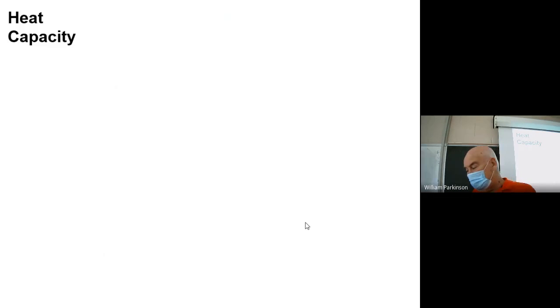You touch the wooden bench, you say, "Oh, that's warm from the sun." Then you touch the plastic bench and say, "Oh, that's hot. It's hotter than the wooden bench." Then you go over and touch the metal bench and you go, "Wow, that sucker is so hot I might get a burn from touching that metal bench."